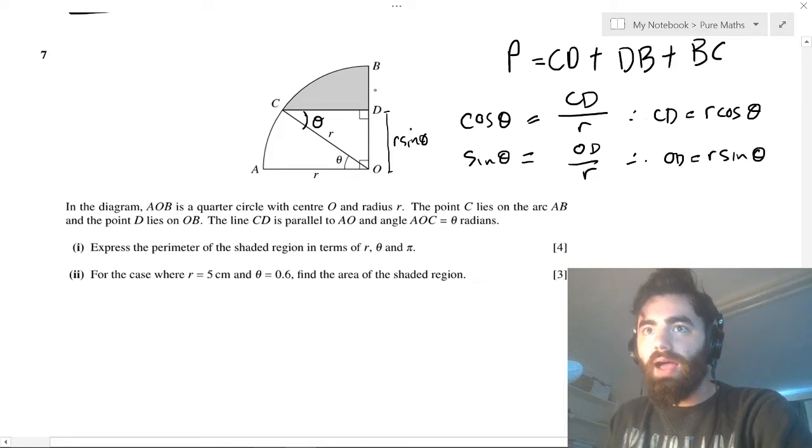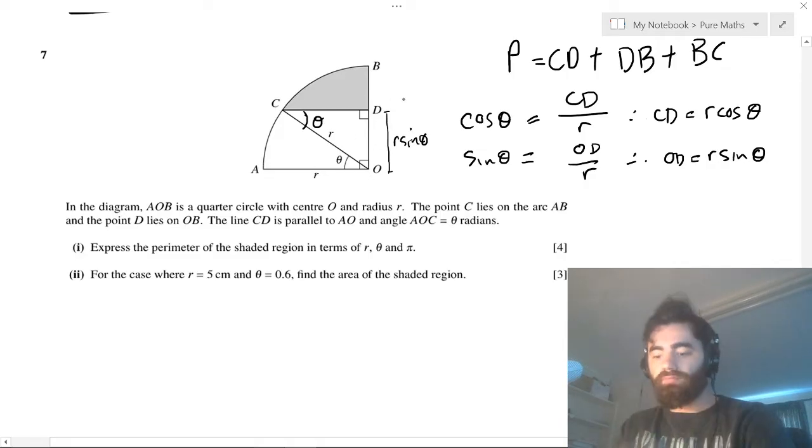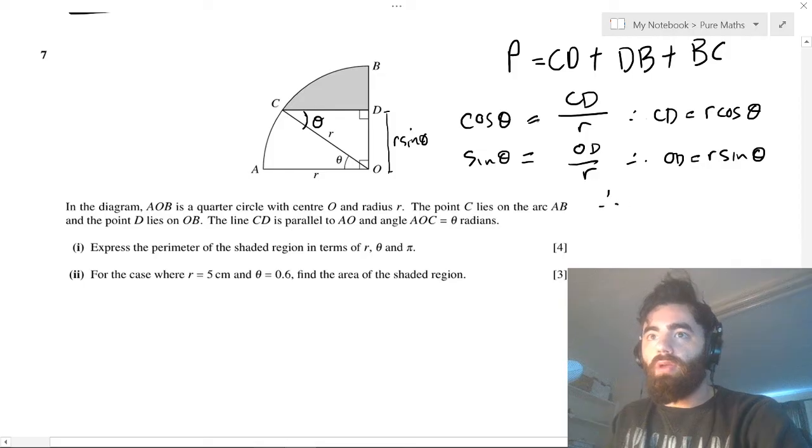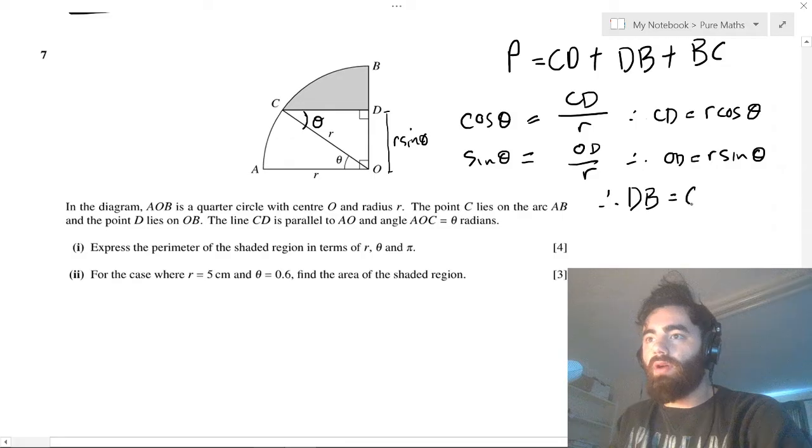And we know that this entire length, because it's the radius, this is a quarter of a circle, is R. So therefore DB equals R, which is this entire length OB, minus OD.